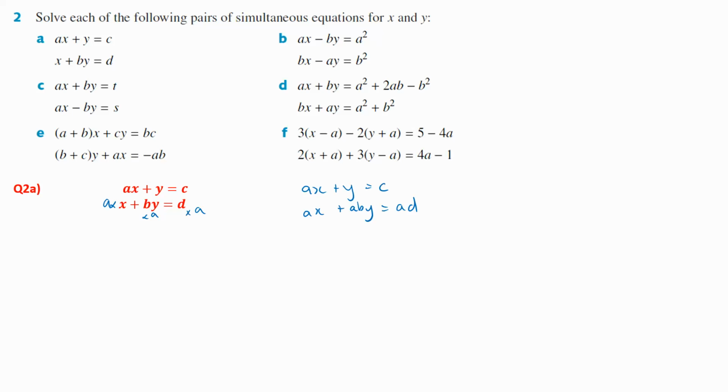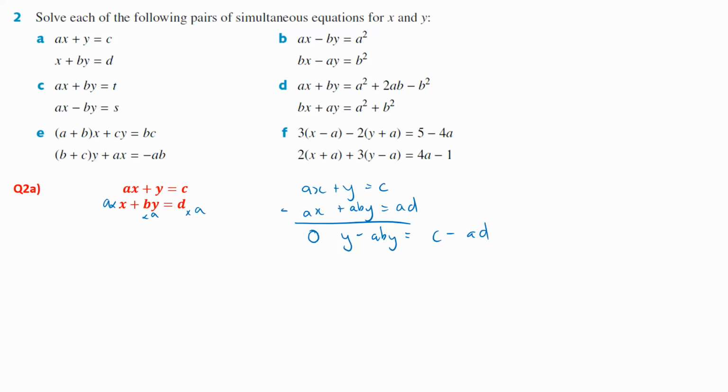With ax and ax, the only way to remove ax is if you add or minus. Or divide. That will cause a lot of issues, actually. So you do ax take away ax, that becomes 0. Then you've got y minus aby equals c minus ad.